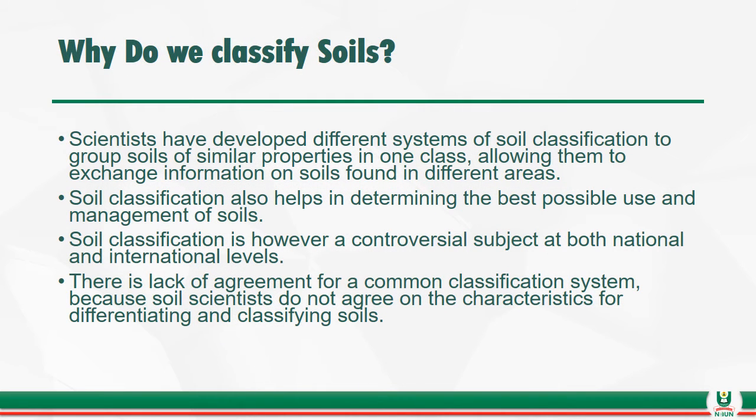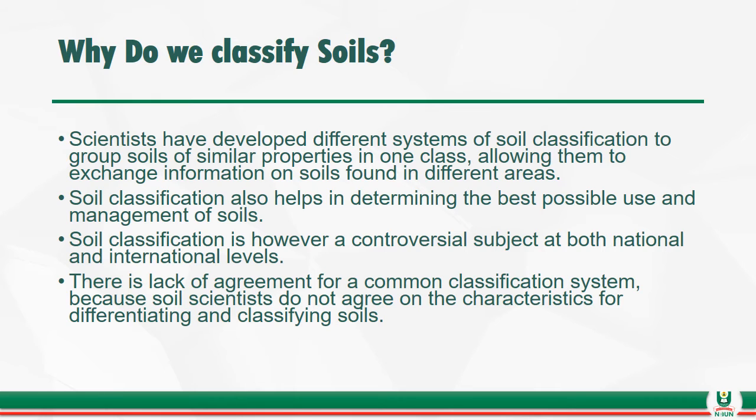Why do we classify soil? Scientists have developed different systems of soil classification to group soils of similar properties in one class, allowing them to exchange information on soils found in different areas. Soil classification also helps in determining the best possible use and management of soils.